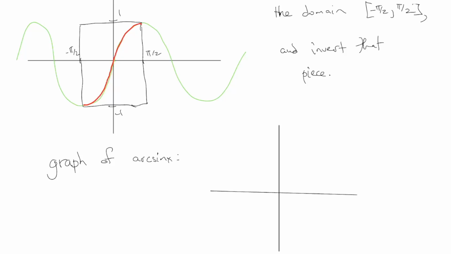Since I'm reflecting across the diagonal line, what used to be x values on this picture become y values, and what used to be y values become x values. So what I'm about to draw, the domain of x values is the original y value. The domain now goes from minus 1 to 1, and the range goes from minus pi over 2 to pi over 2.